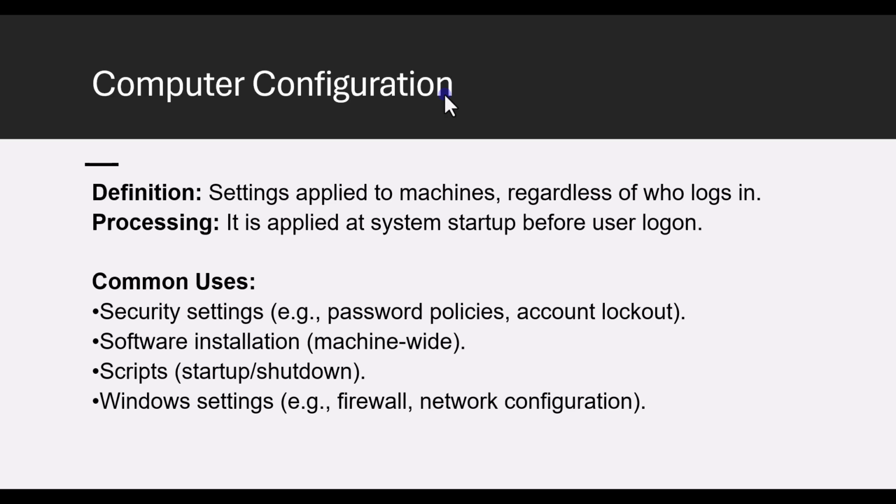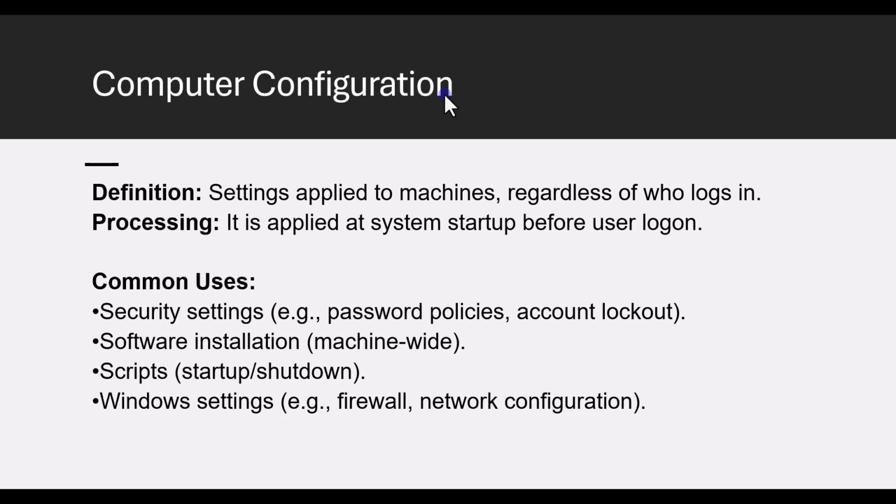And then it is applied during startup, that is before the user logs on. So as the computer is booting up, the group policy object you have applied using computer configurations will affect the physical computers. Irrespective of who uses it, they will be affected.